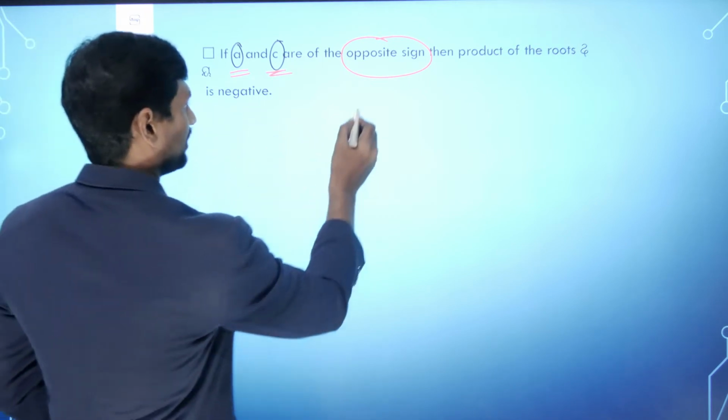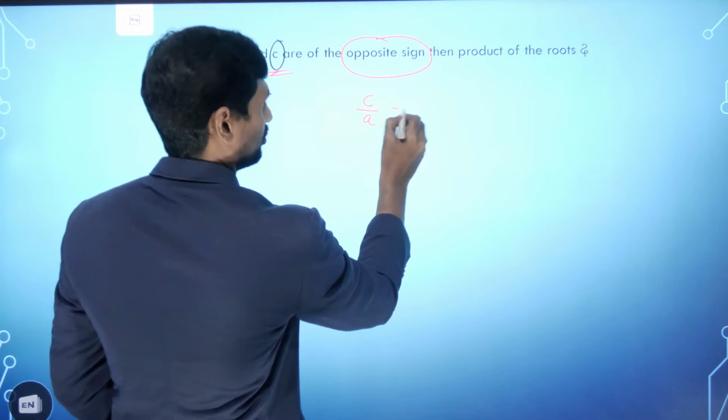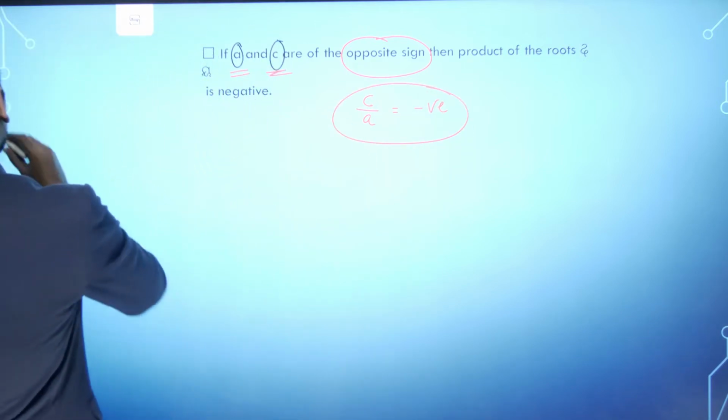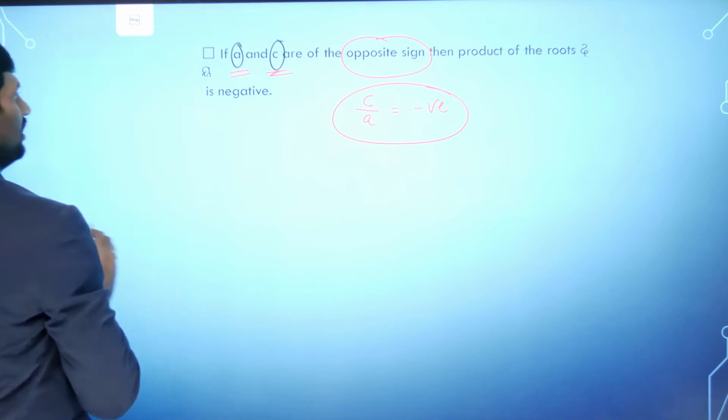That means C by A value is negative. So here also we can take an example.